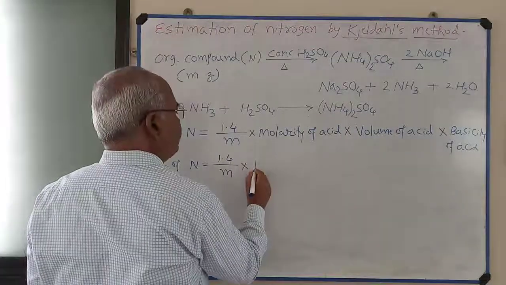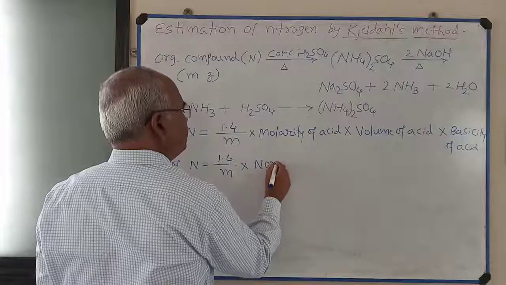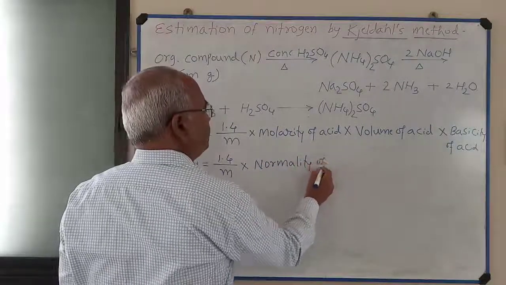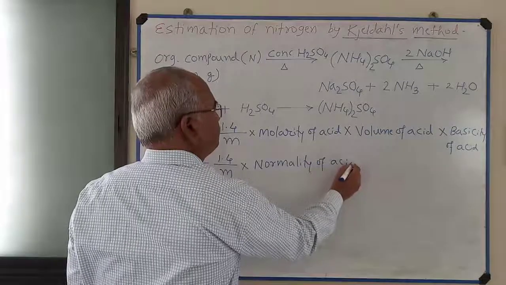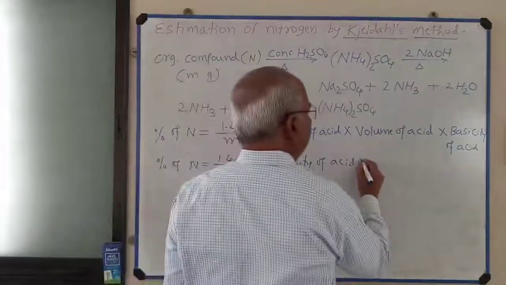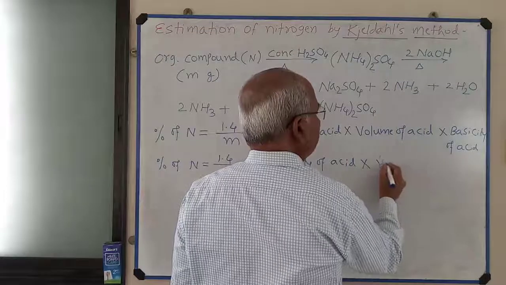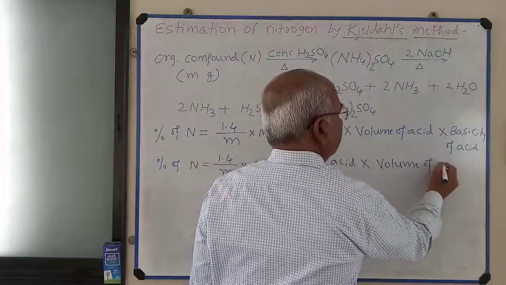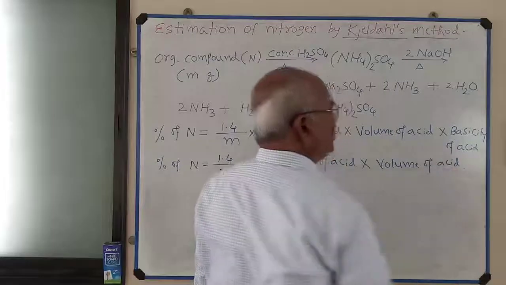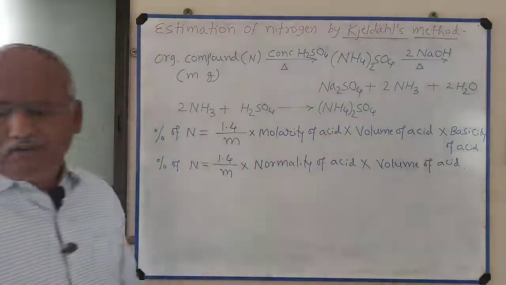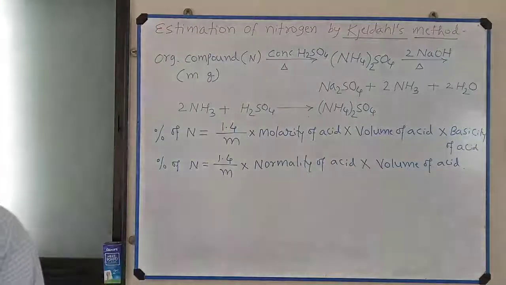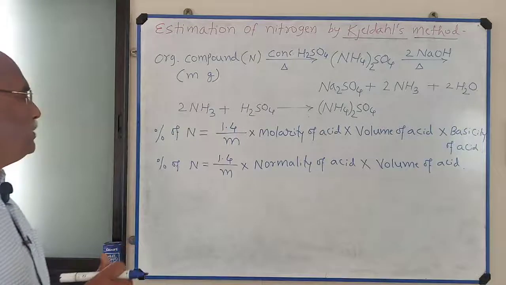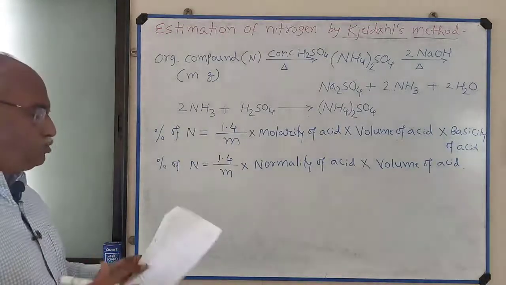Instead of molarity, I take here normality of acid, into volume of acid. Simple numericals are there; by using these formulae we can determine the percentage of nitrogen.